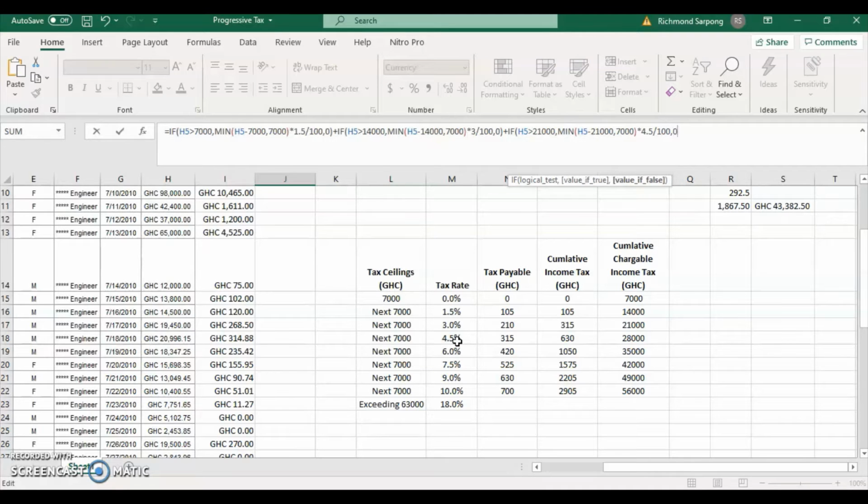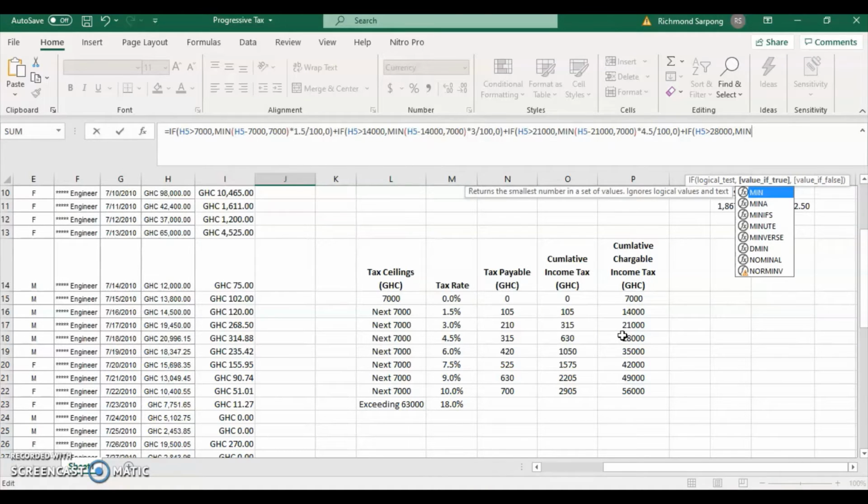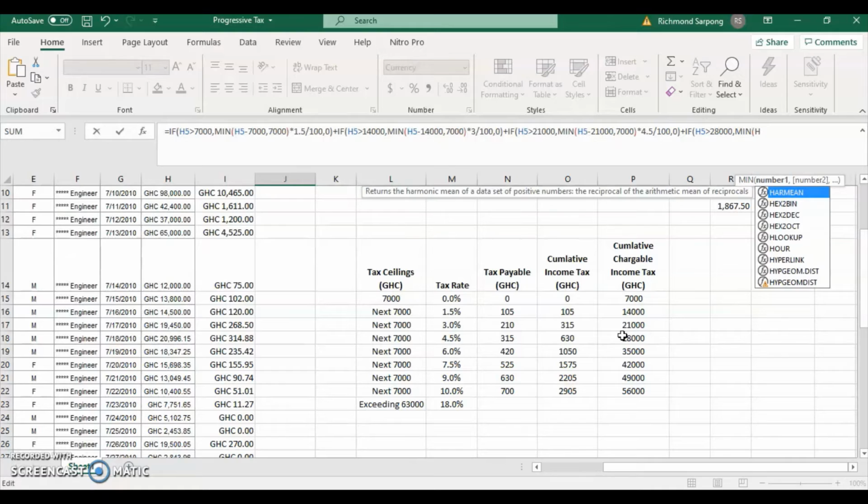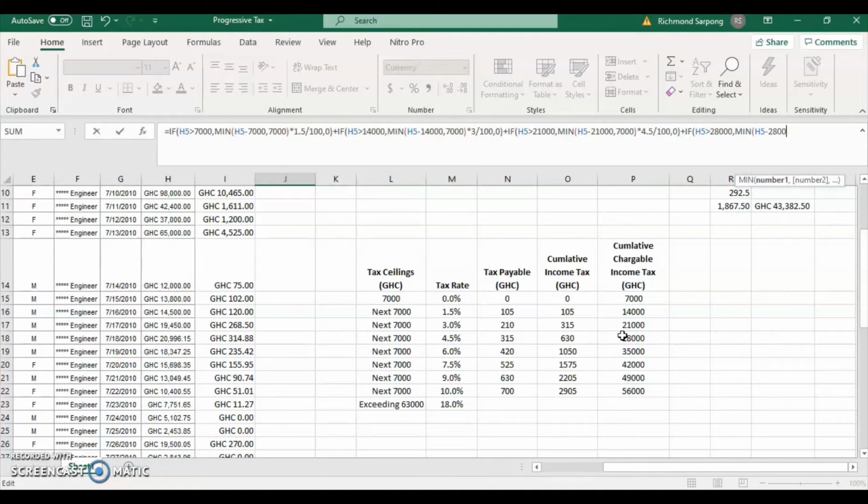That was 0. I'll bring another IF, H5 is greater than, this time around, 28,000. Then MIN should be H5 minus 28,000, and the minimum value is less than 7,000.